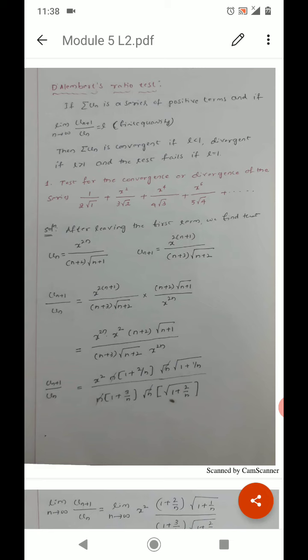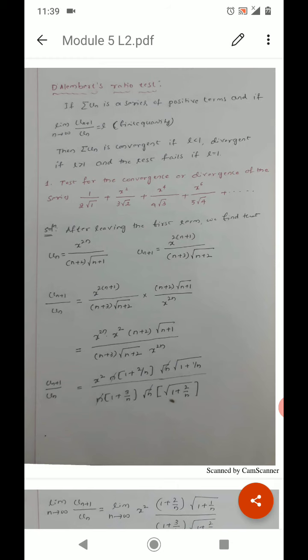So un plus 1 divided by un equals x square into, n plus 2 can be written as n into 1 plus 2 by n, and square root of n plus 1 will become, taking square root n outside, square root n into square root of 1 plus 1 by n, divided by, taking n from n plus 3 outside, we get n into 1 plus 3 by n, and also from square root of n plus 2 take square root n outside, that will become square root n into square root of 1 plus 2 by n.